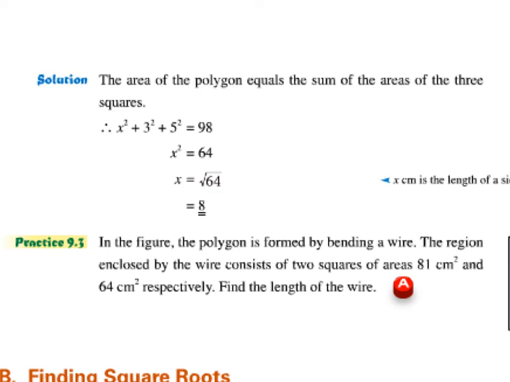Do you remember? One should be positive and the other should be negative square root 64. There are two answers. But since for the length there shouldn't be a negative number, we don't need to write the negative choice. We only write the positive one. That is what example 9.3 wants to demonstrate to you.